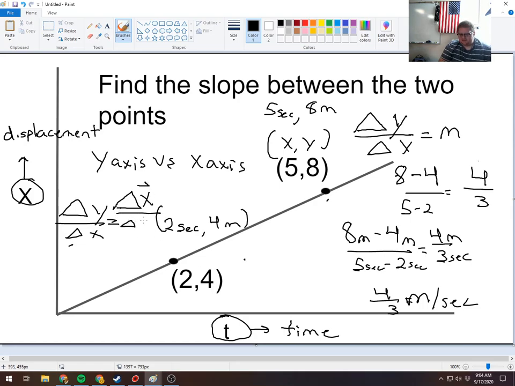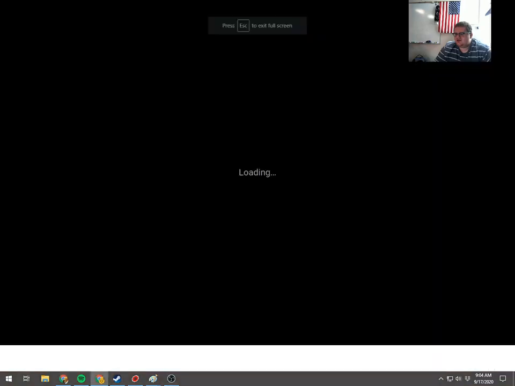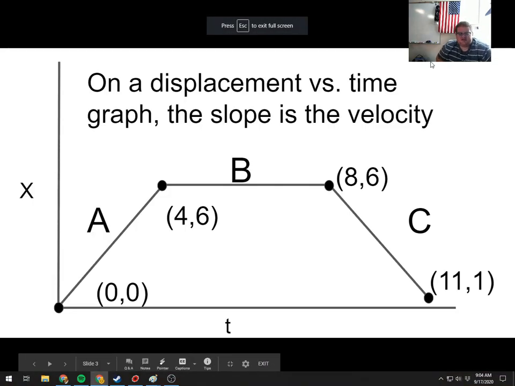The change in time. Well, that right there is the equation for velocity that we had: the change in displacement divided by the change in time. So you can see that these things are the same. And that's the point made here on this slide. On a displacement versus time graph, the slope is the velocity.